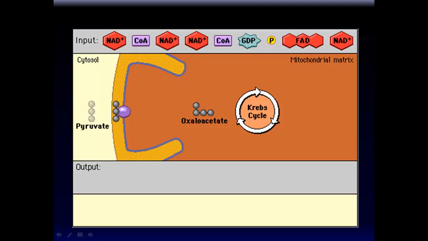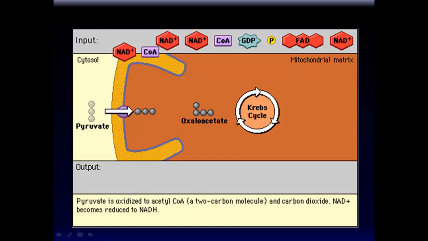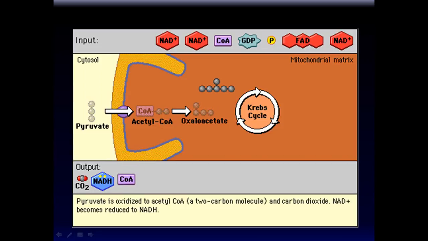Now here's a count of all of the energy carriers, the electron carriers. So pyruvate is converted to acetyl-CoA, and that generates some NADH. Acetyl-CoA is going to form citrate after combining with oxaloacetate.